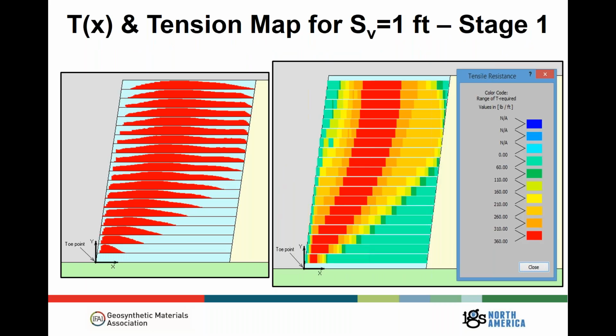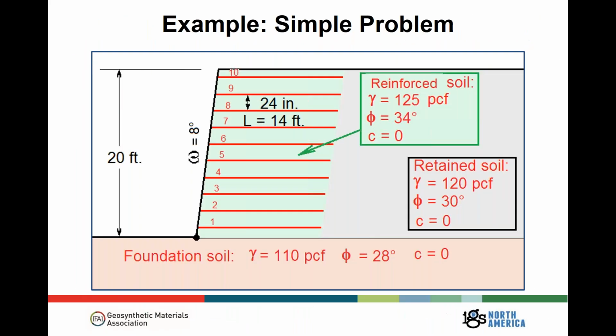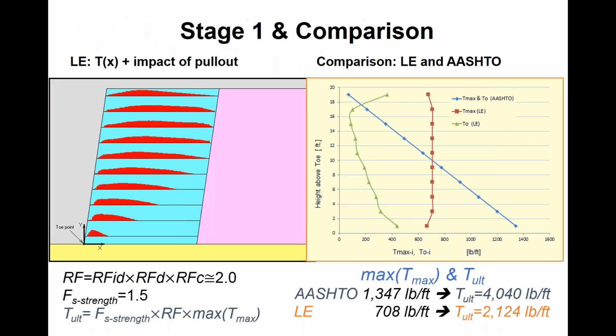Right. So let me take a simple case. What we do here, and just to reiterate, is that we look at lots of potential failure surfaces the same way you do a reinforced slope stability analysis.